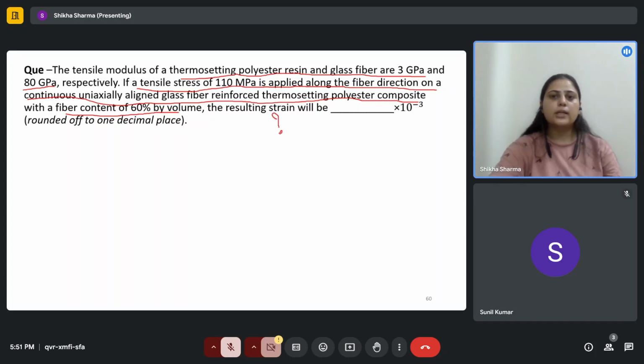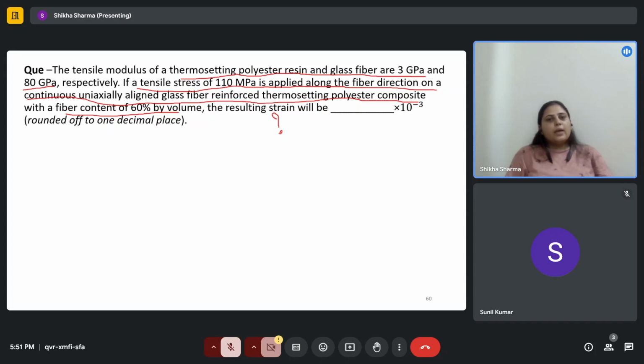So let's understand the question first. There is this thermosetting plastic resin, and inside that there are glass fibers, and their tensile moduli are given.